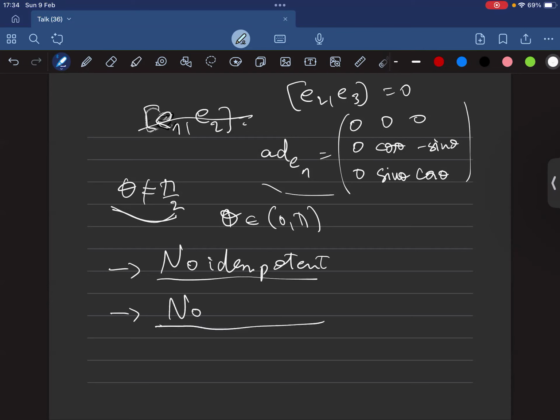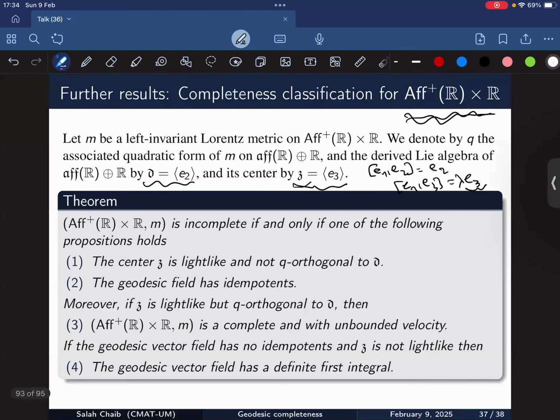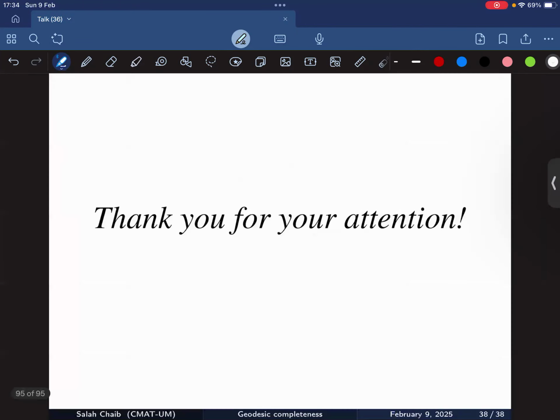Also, there is no quadratic first integral. So this list of groups is the most complicated, and all the usual methods do not work for this list of Lie groups. Yeah, and this completes the talk. So thank you for your attention.